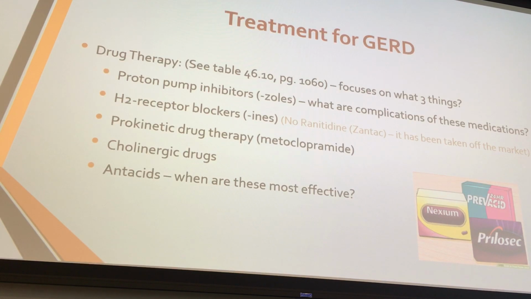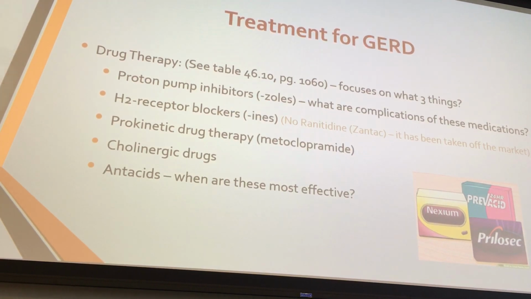Okay, so treatment for GERD. There's a whole bunch of things out there, okay? We're going to focus on the proton pump inhibitors and the H2 receptor blockers because those are the ones that work the best, okay? As we said, Zantac was taken off the market, so we're not going to focus on that one.